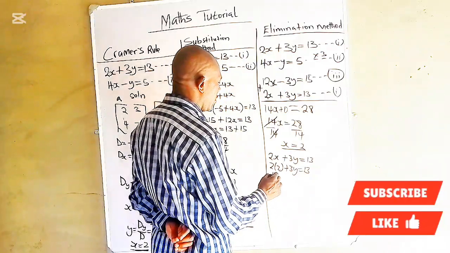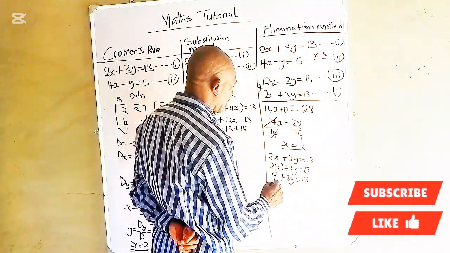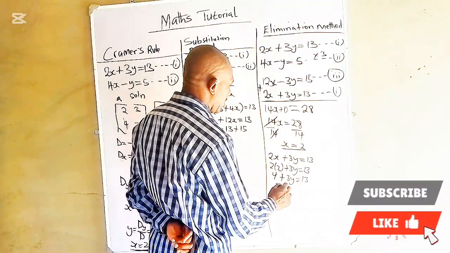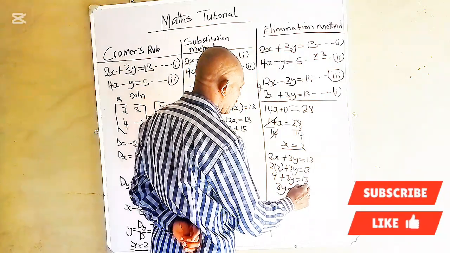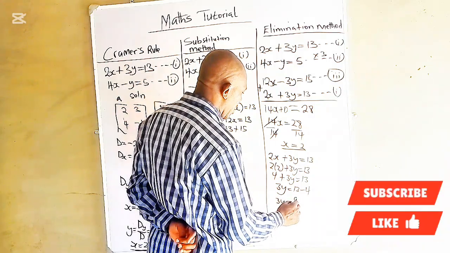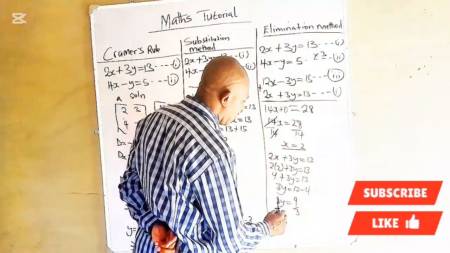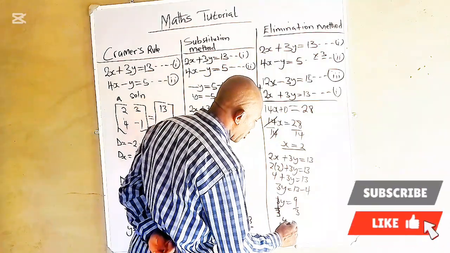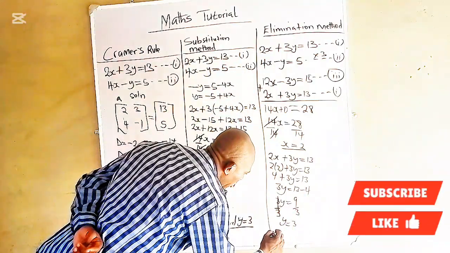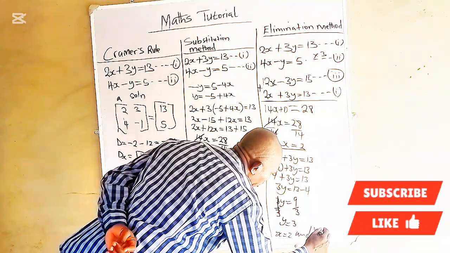At the end we have 4 plus 3y equals 13. So 3y equals 13 minus 4. That means we have 3y equals 9. Divide both sides by 3. At the end we have y equals 3. So finally our x is equal to 2 and y is equal to 3.